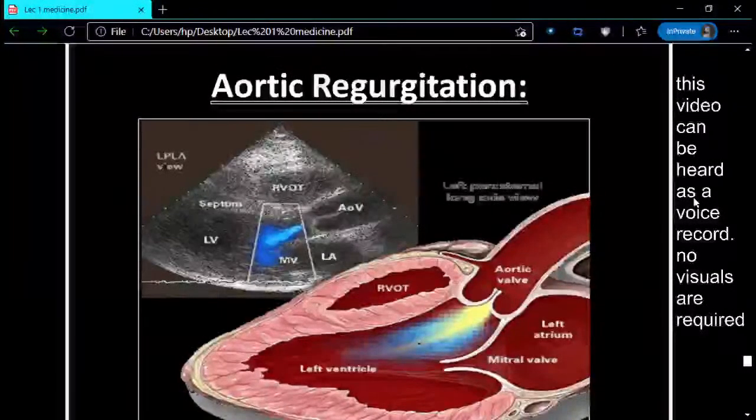Next, aortic regurgitation. Again, aortic regurgitation. Aortic valve. Left atrium.